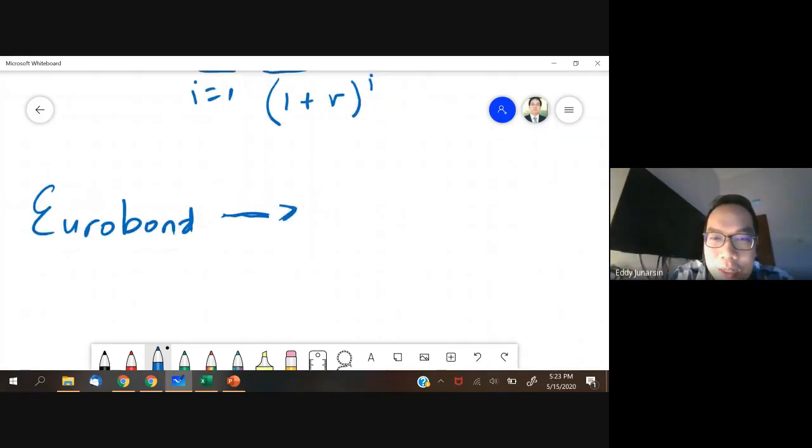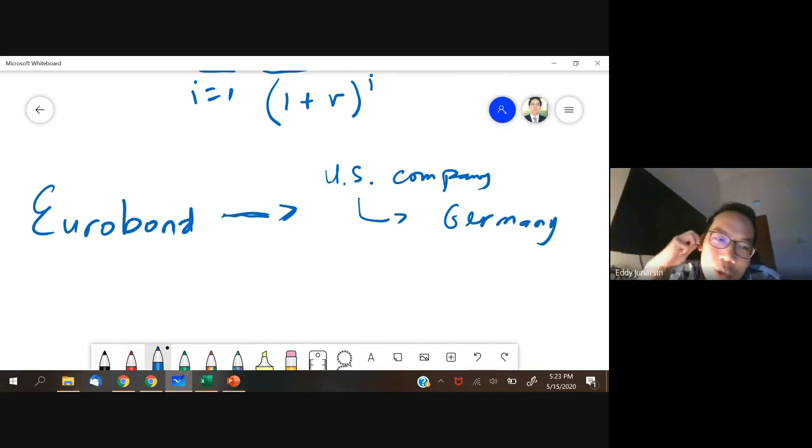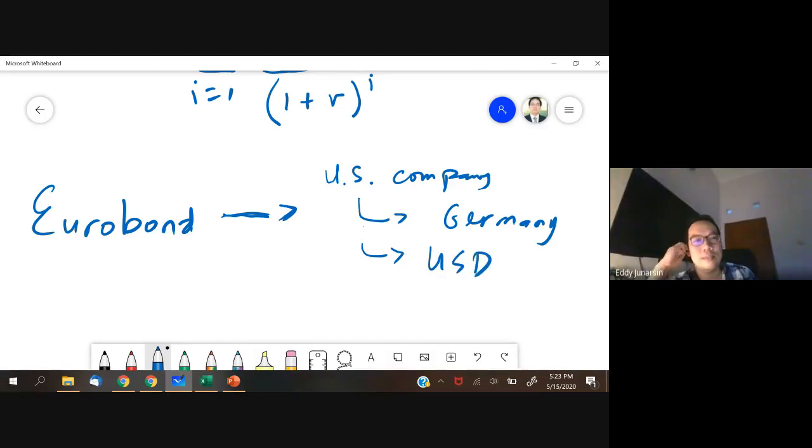If you are, for example, an American company, you go to Germany and issue the bond in US dollars. This is called a Eurobond.